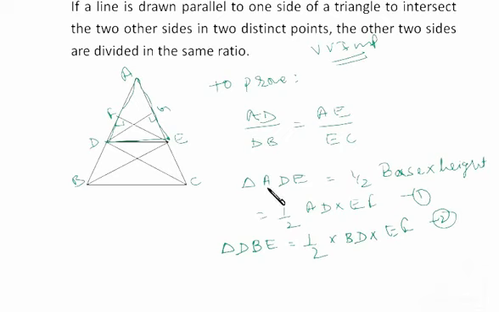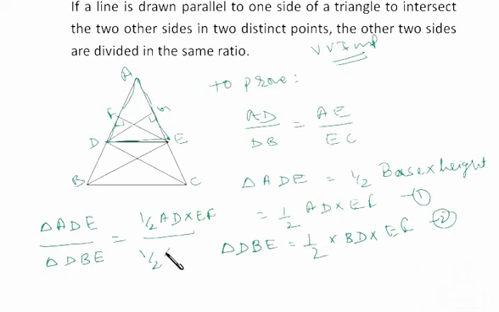So if I find the ratio of areas of these two triangles, that is triangle ADE by triangle DBE, that will be equal to half AD into EF by half BD into EF.